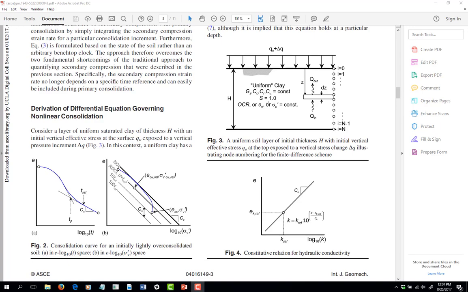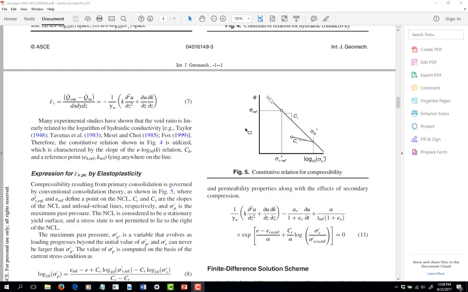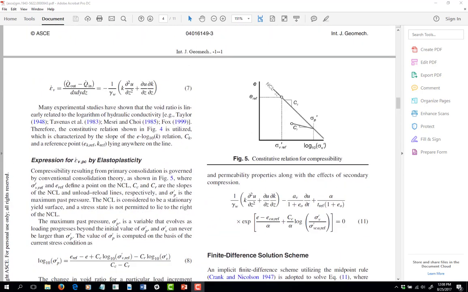All right, now a common relationship for permeability is that the hydraulic conductivity in log space is linearly proportional to void ratio. So this is the formulation that I've adopted here. Okay, and then the compressibility is just the traditional one.